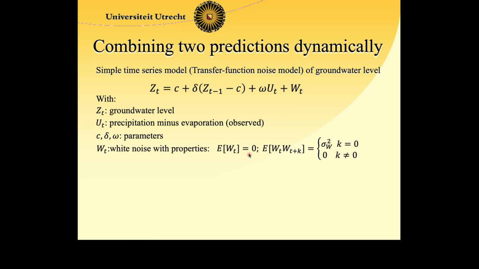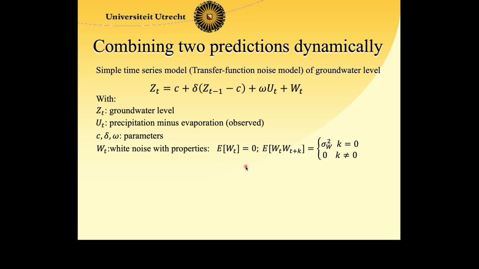The expected value of w is 0, and the expected value of w_t times w_{t+k} is equal to the variance of the white noise if k is equal to 0, but it's not correlated in time, because if k is something other than 0, 1, 2, minus 1, you can see there's no correlation.